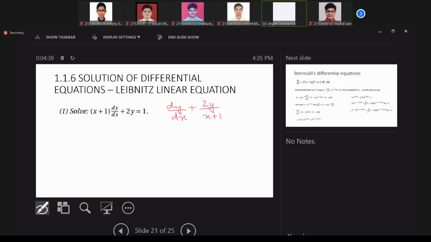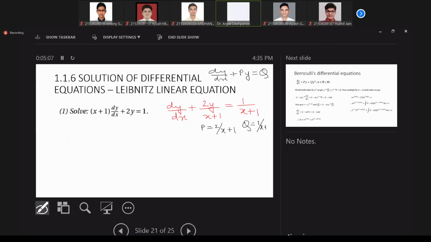Is this in the form dy by dx plus py equals q? It is. What is the value of p? 2 upon x plus 1. And what is q? 1 upon x plus 1.